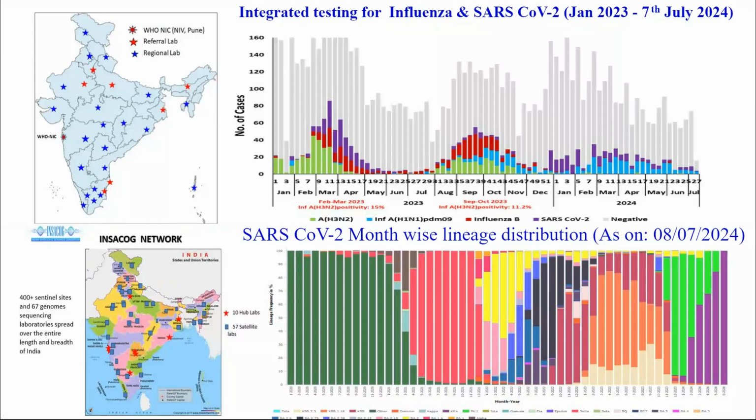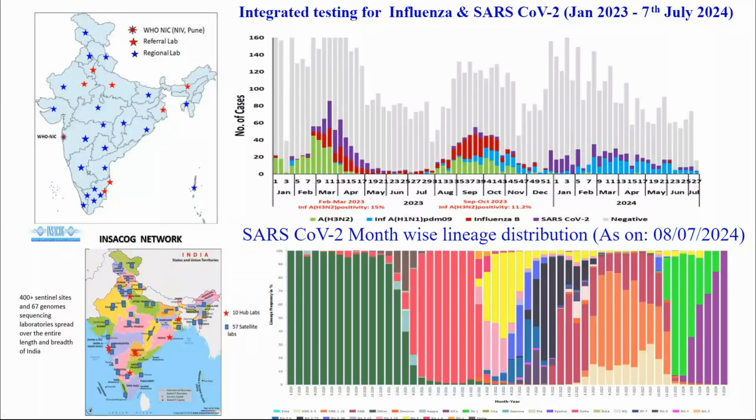In the upper portion of the slide, you can see that we have this pan-India respiratory ILI-SARI surveillance network, currently functional in almost 45 VRDL laboratories, and we are generating data for continuous monitoring of both influenza and SARS-CoV viruses in the country, and this data is being fed to the WHO FluNet platform for global analysis.